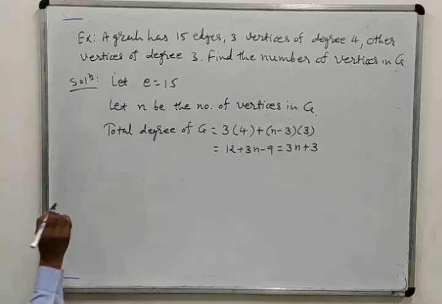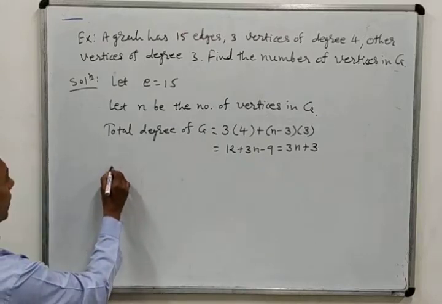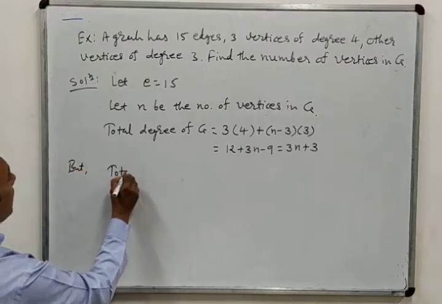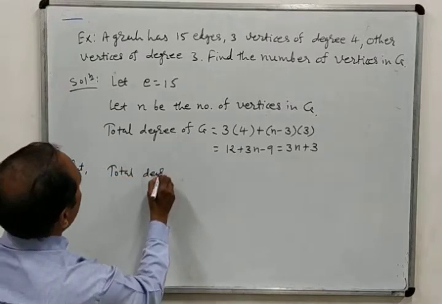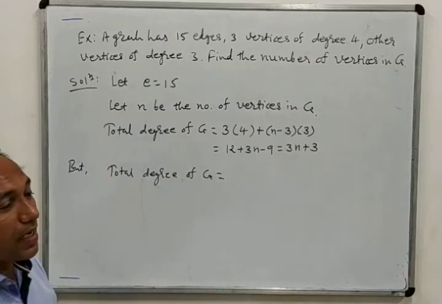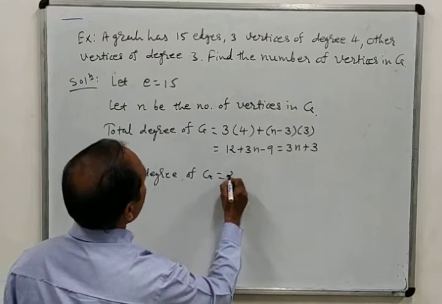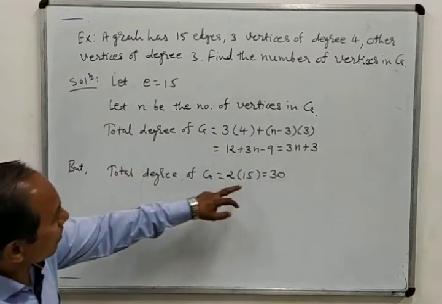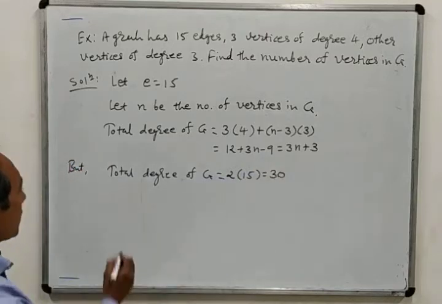But we also know that total degree of G, by using the first theorem, is twice the number of edges. So 2 into 15 edges, this is equal to 30. So we will compare both the numbers. Both numbers must be the same.